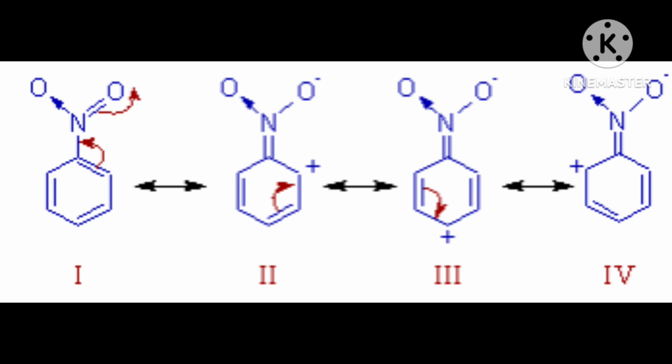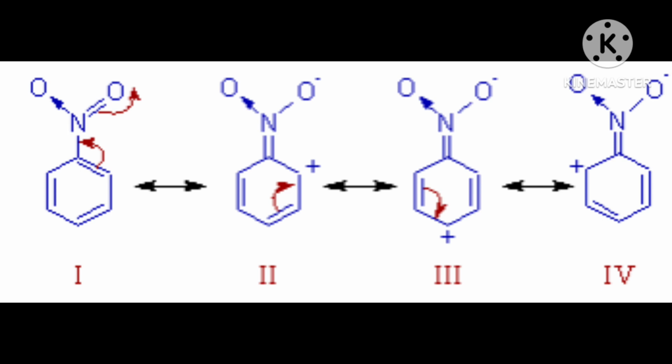In that direction it will move. In the first structure you have only shown the direction, with the arrow from the middle of the bond towards the single bond between N and C.